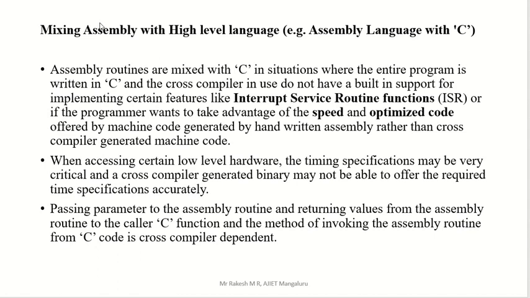Anyway, we are mixing, right, 10 lines of assembly and 20 lines of C. At that time, some parameters need to be exchanged between C and your assembly language. So that parameter passing is somewhat complicated in the case of mixing, so we have to concentrate while selecting the cross compiler.